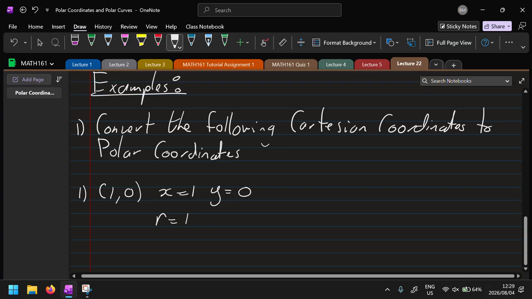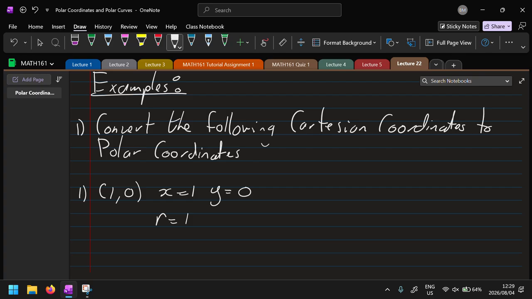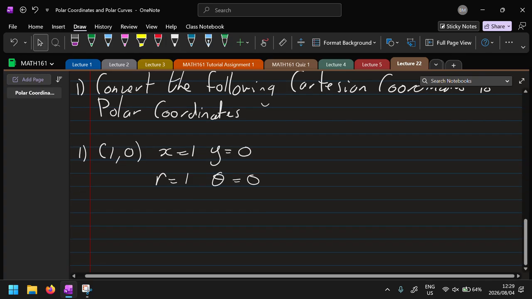Okay, and what about theta? That's the angle from the x-axis to this point. So arctan of y over x. 0. Yeah, the angle 0. Okay, so arctan of 0 is 0, so theta is 0.